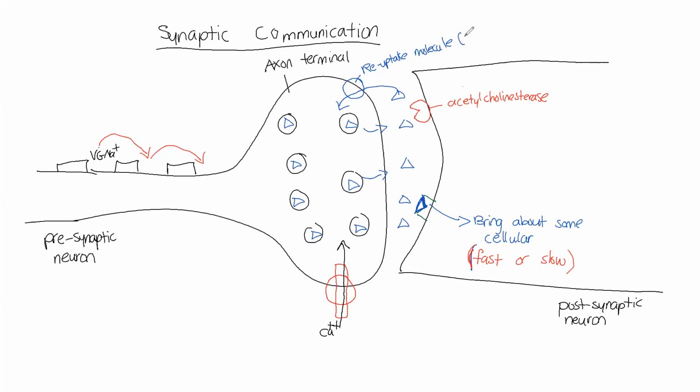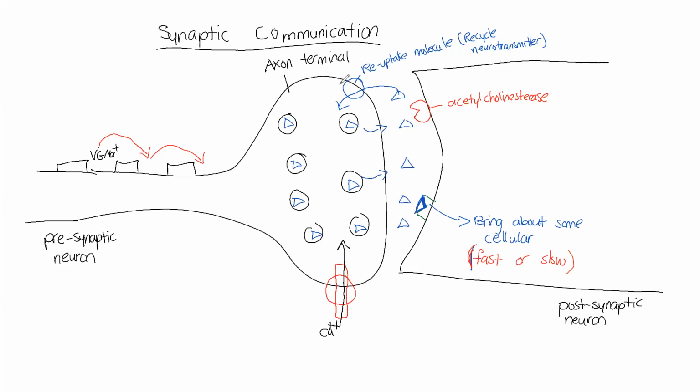So I'm going to put in brackets here, recycle. Okay, so the purpose of the enzyme is to break down excess neurotransmitter into smaller pieces. The purpose of the reuptake molecule is to reuptake those pieces into the presynaptic neuron, and they can be recycled to make brand new synaptic vesicles.